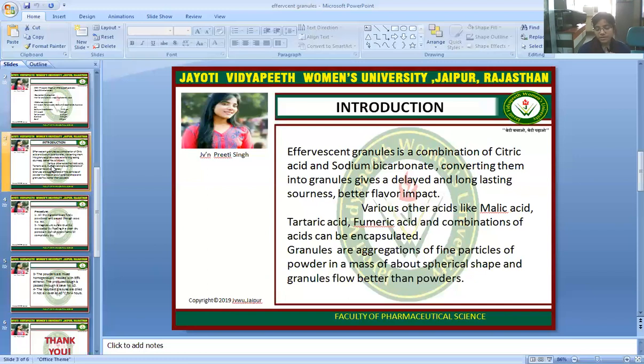There are different types of granulation techniques. When effervescent granules are added to water, the acids and free-flowing powders react. So effervescent powder preparation is very important.